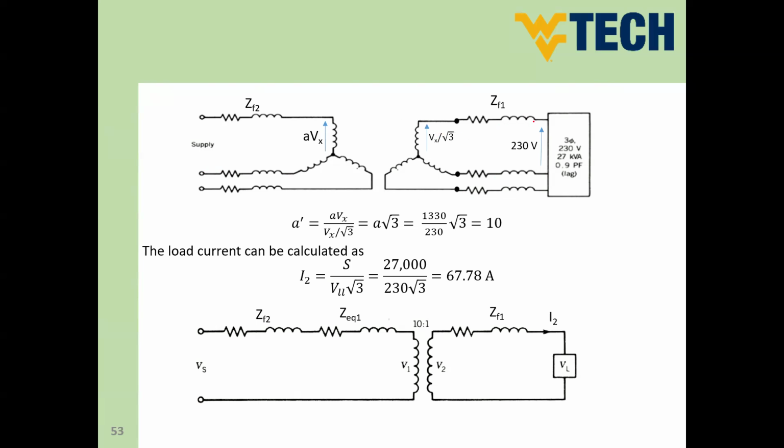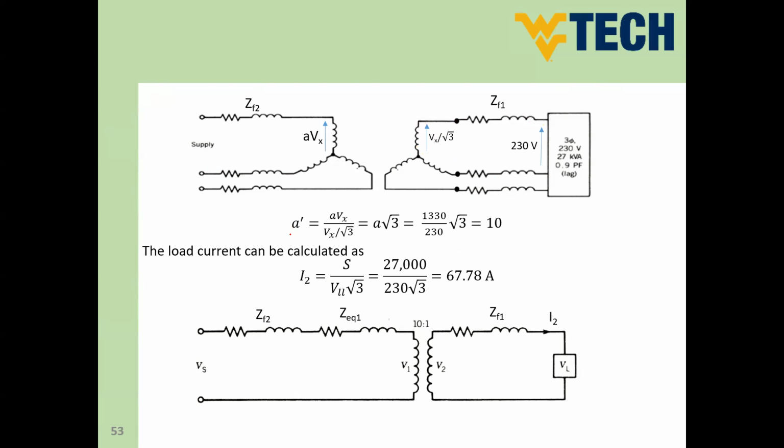So if this is 230 volts, we can use the current flowing here and get our equivalent volt here, and then use our turns ratio.